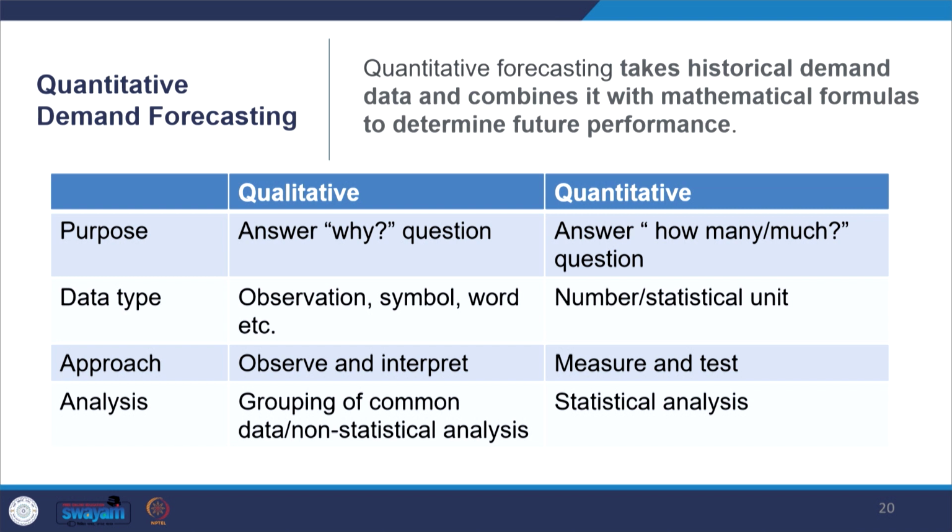For example, as we saw in the last lecture, qualitative research talks about answering the why question, why something is happening. We are trying to explore why the person came to the store and chose one product, but then ultimately purchased something else. Why did he do that, right?